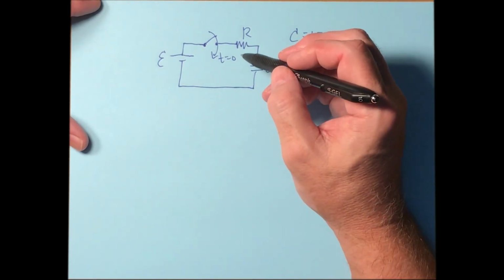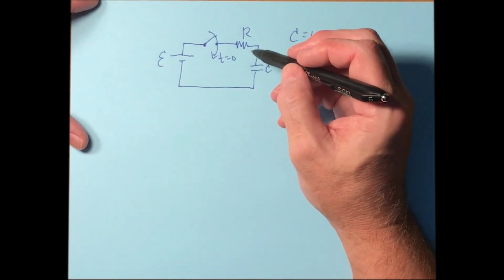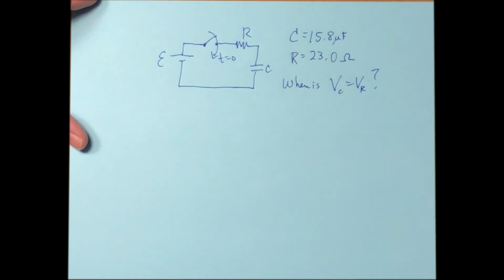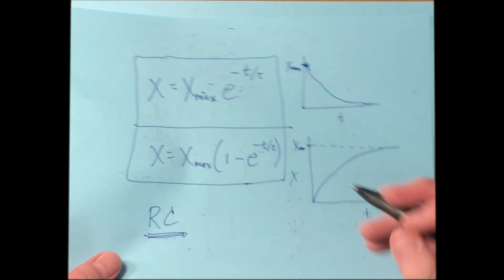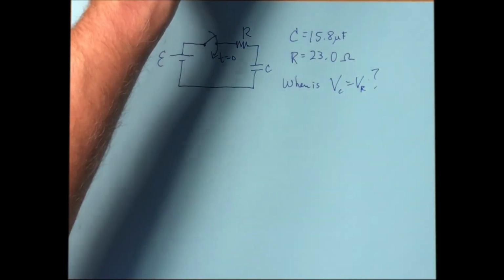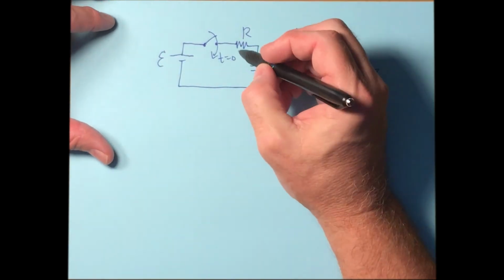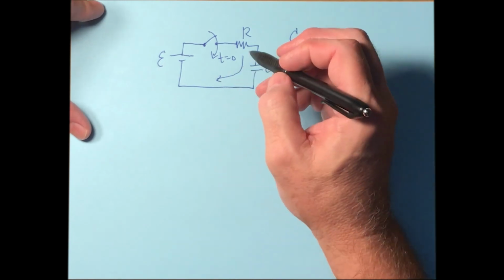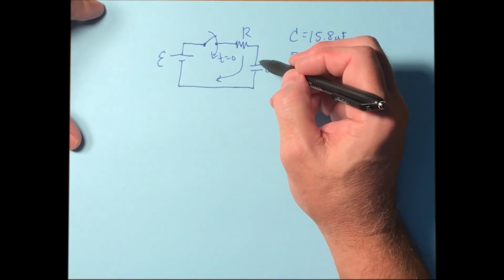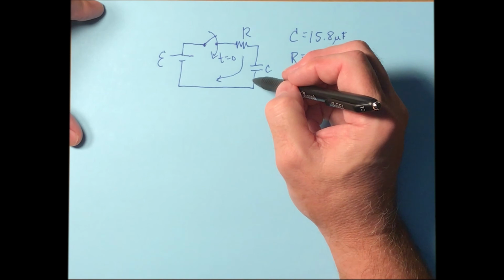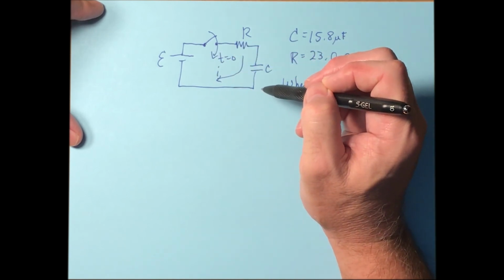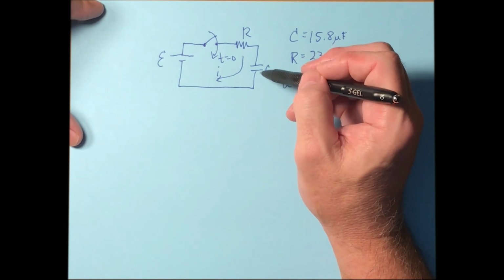All right, so these are both charging behaviors. Remember, the equations are going to be one of these two forms. Well, you don't really have to go through the mathematics if you can figure this out. For example, what's going to happen to the current here over time? As it charges up, is the current going to get bigger or smaller?